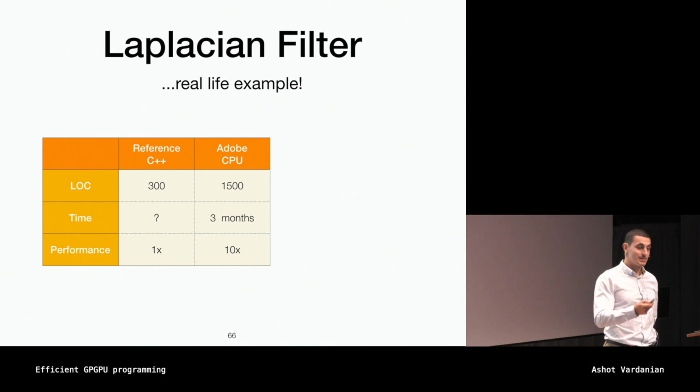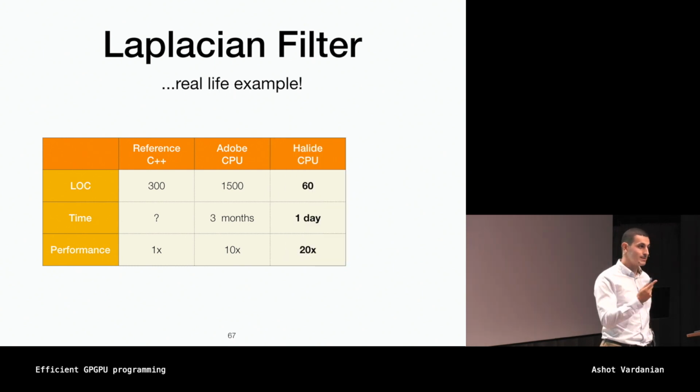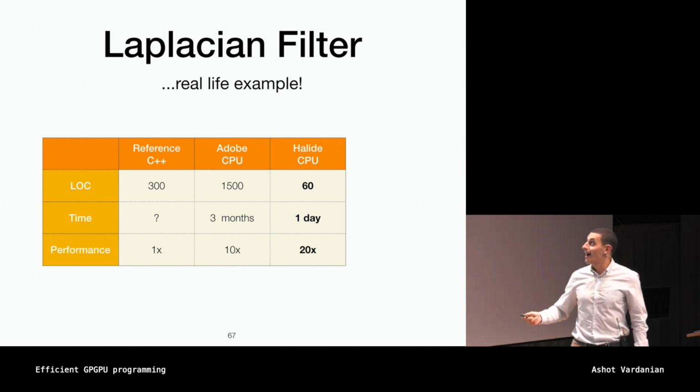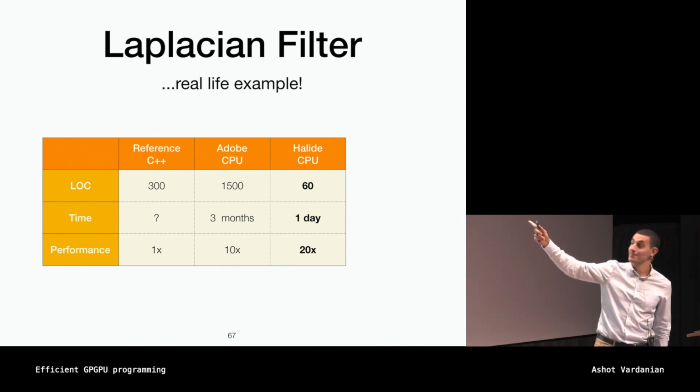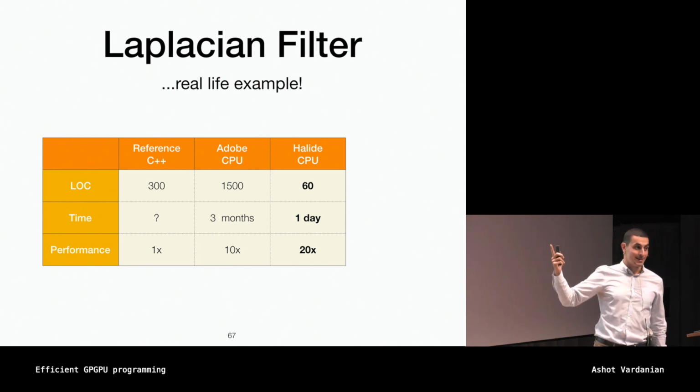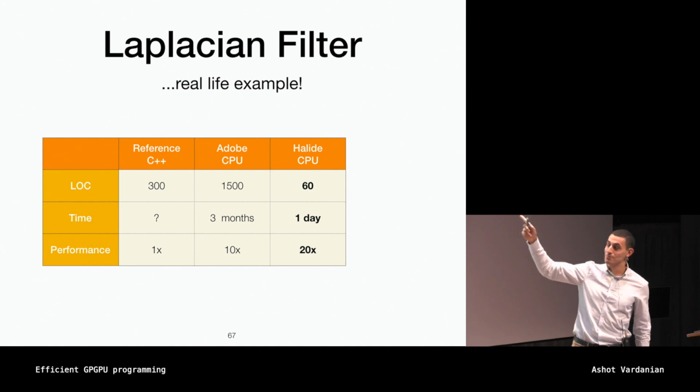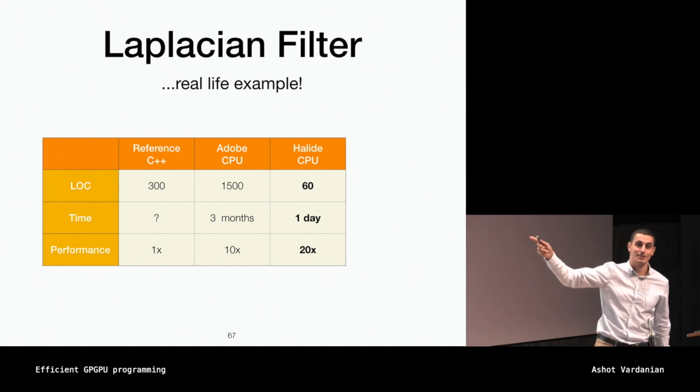Then another guy spent basically 1 day practicing with Halide. He wasn't even a senior developer, he was just a junior. He wrote 60 lines of code as opposed to 1,500. He spent just 1 day, and he doubled the performance numbers from the Adobe implementation, from those complicated 1,500 lines of C++ code.